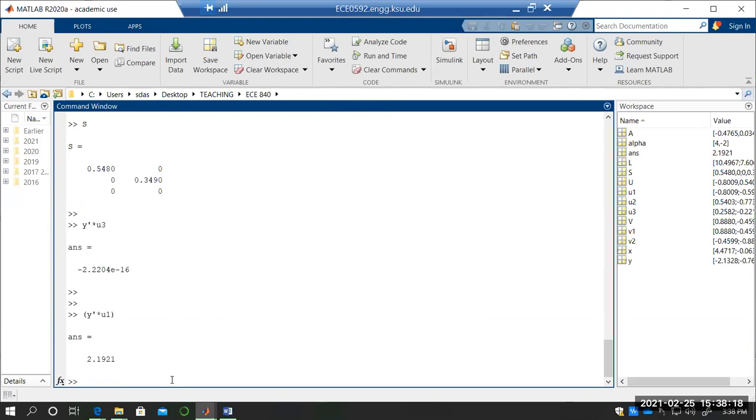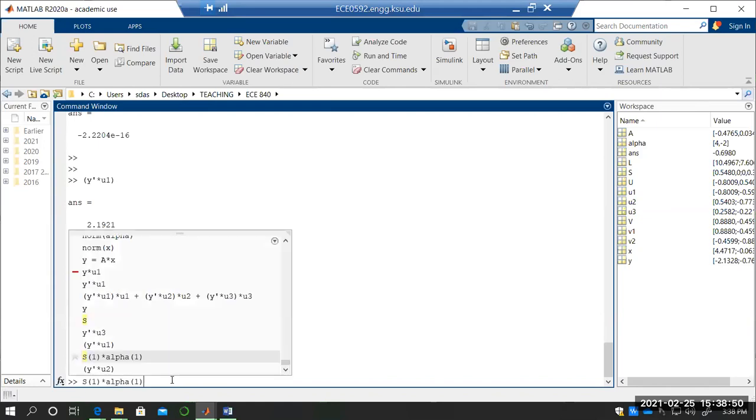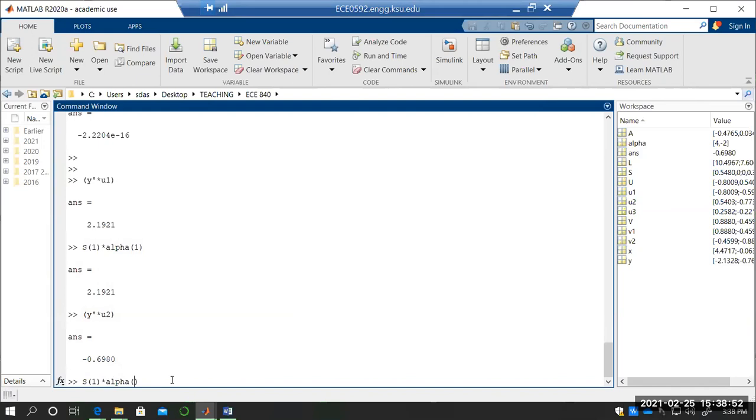And S1 star alpha 1, same thing, right? Yes. And let's look at the component of y along u2, and this should be this.